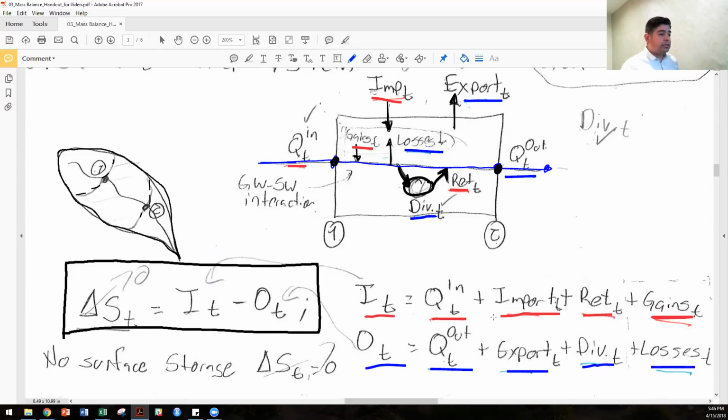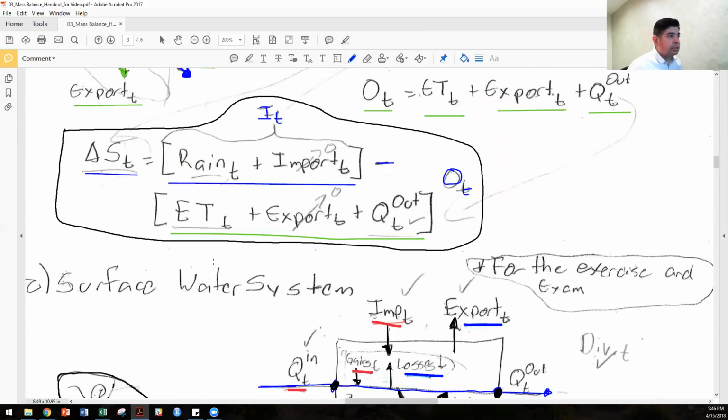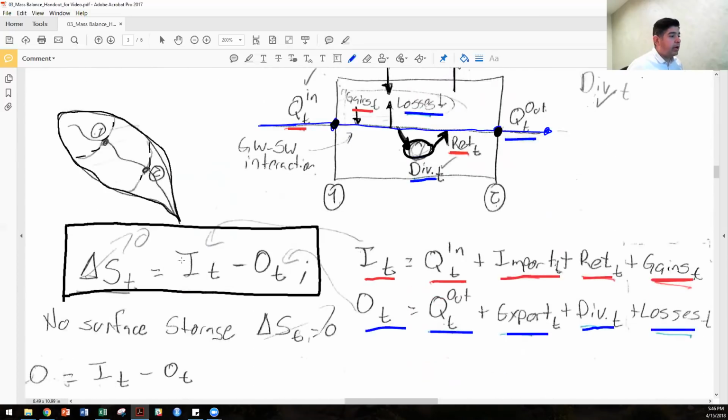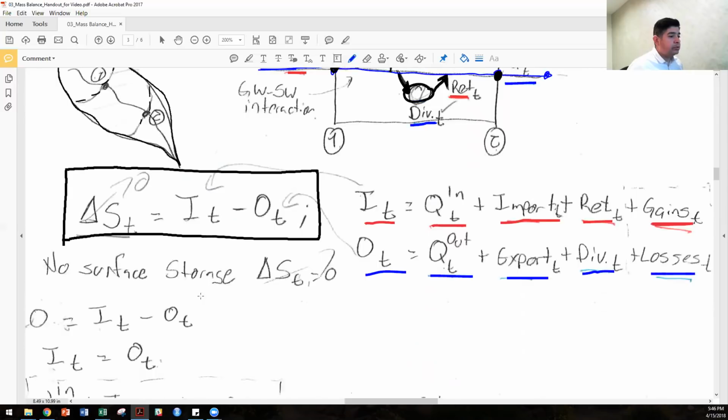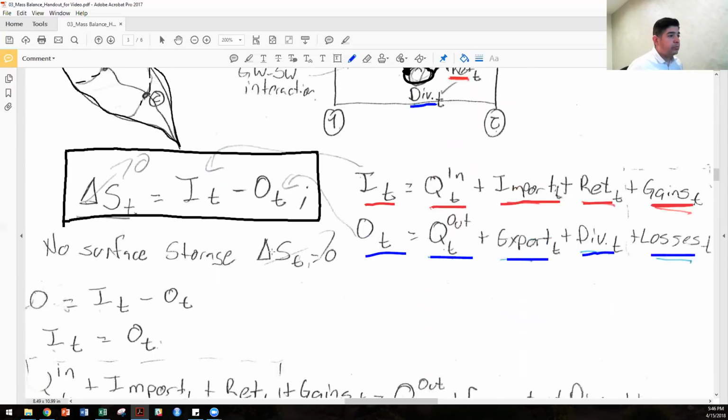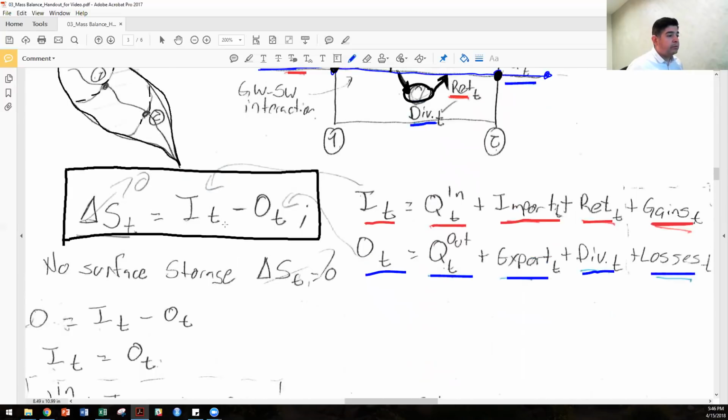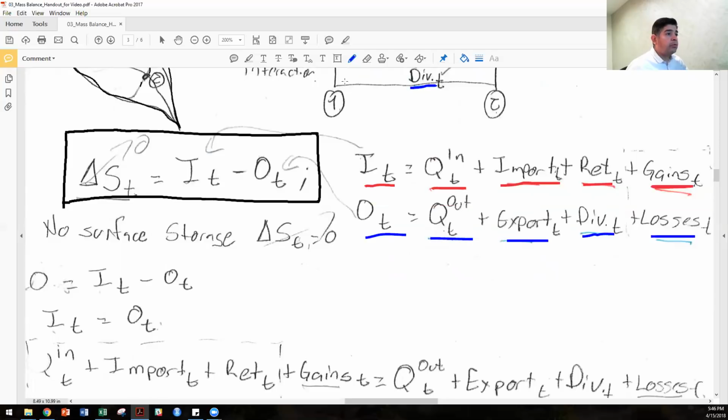As you can see in this specific case, we have no reservoir. And the same as here, if we have no reservoir, then our mass balance equation becomes: the inflows are equal to the outflows, okay? Which is basically what is going on here.